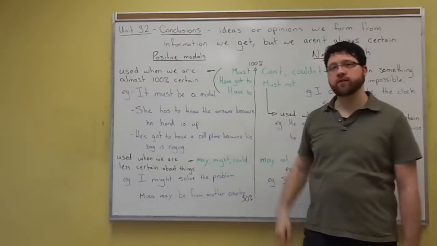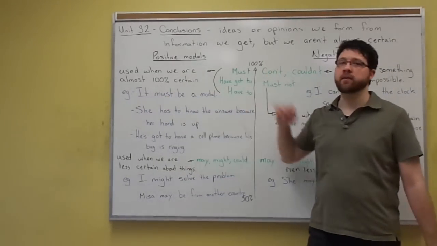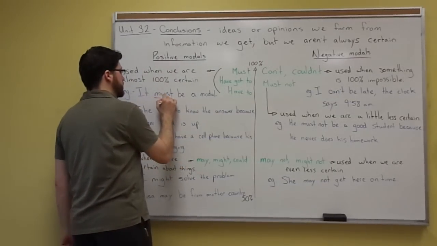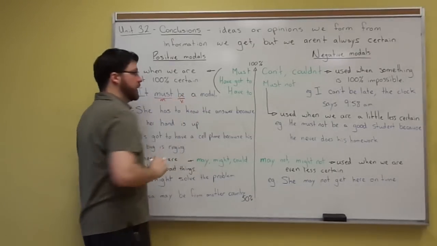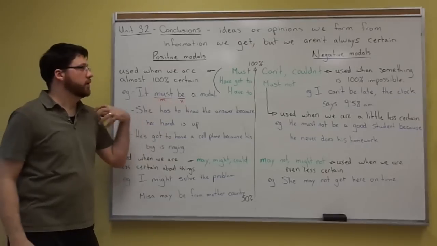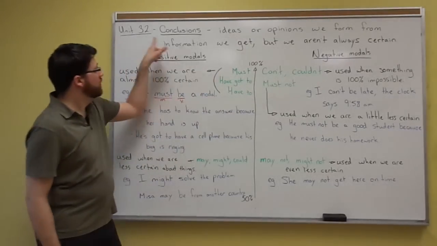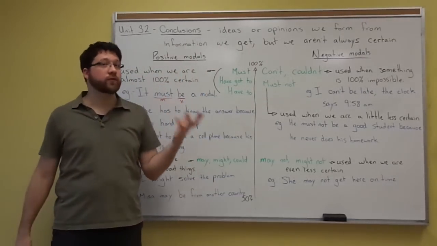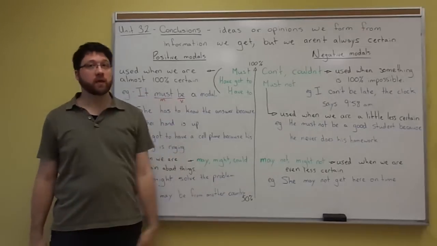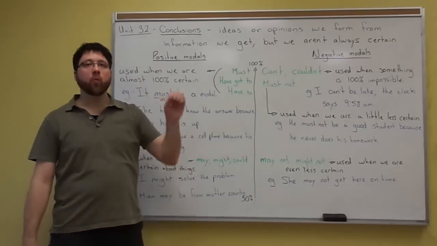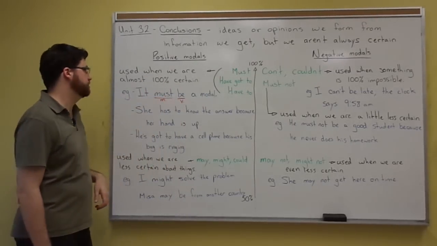Using it in a sentence here, it must be a modal. And here, must is the modal, and be is our verb. I'm looking at this. We've talked about the topic today, which is modals, so it must be a modal. It must be. I am almost 100% certain.